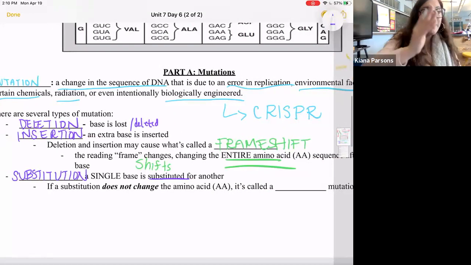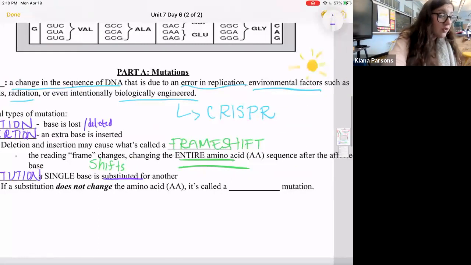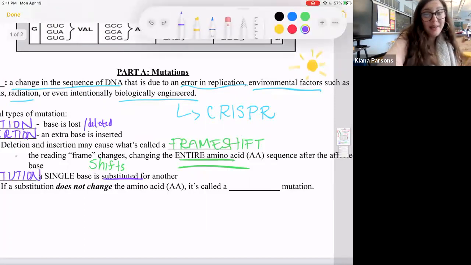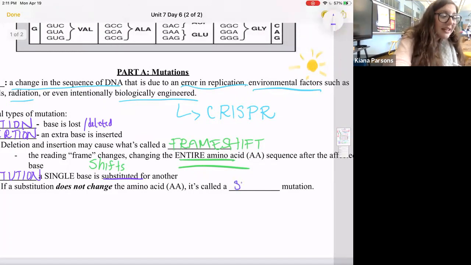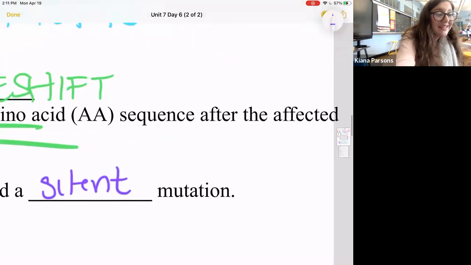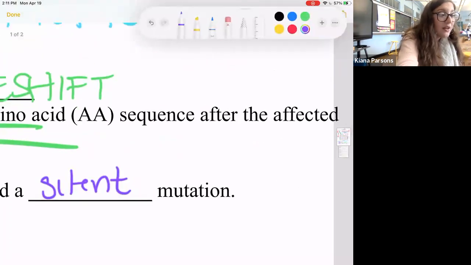Because instead of one base being inserted or deleted, it just winds up being switched for another or substituted for another. And this might not be that big of a deal. If it does not change the amino acid that is coded for, it is called a silent mutation. Meaning it may not even be noticed. It may go unnoticed.